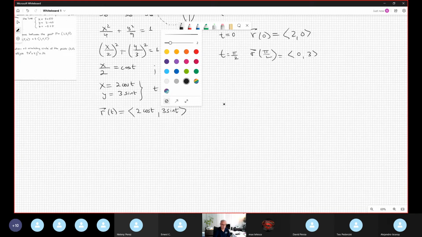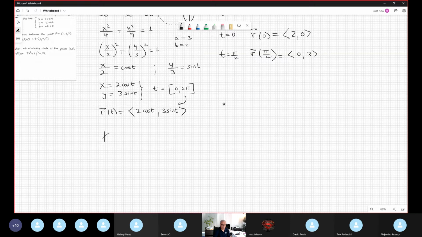First of all, the curvature formula is the absolute value of R prime cross R double prime divided by the magnitude of R prime cubed. That's the formula.